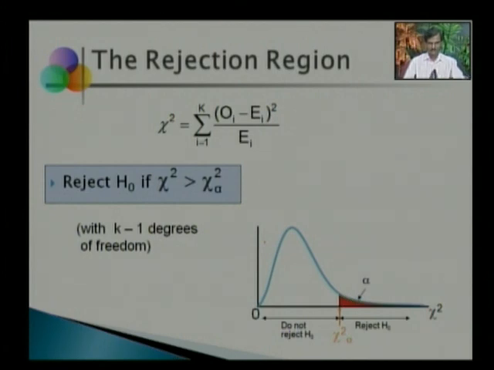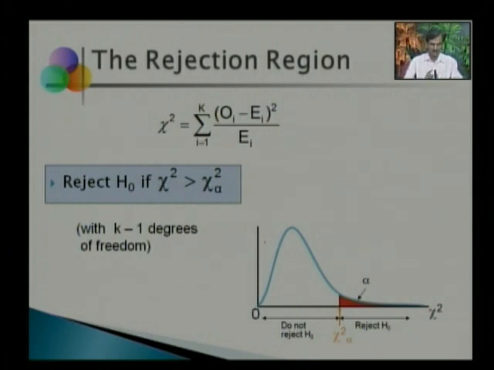Here, if you observe the graph of the chi-square distribution, it has a longer tail towards the right side, and there is a shaded red portion, which is the rejection region.